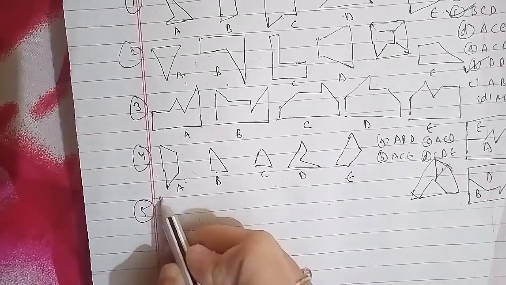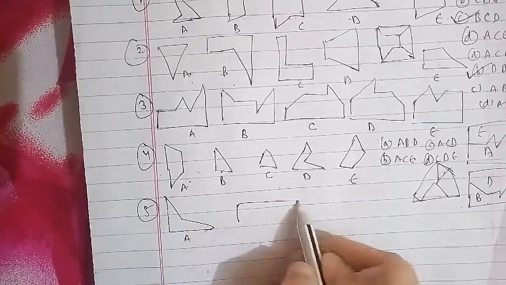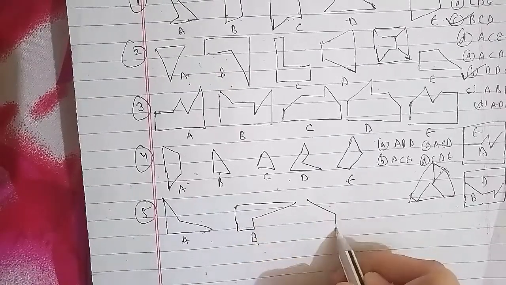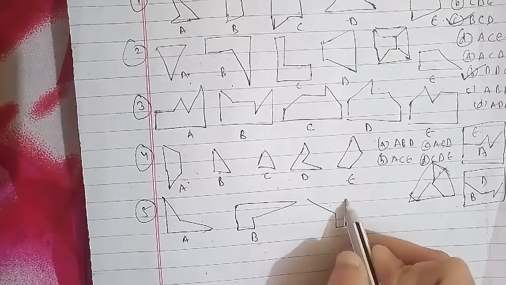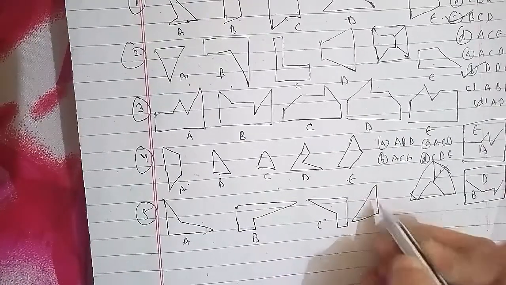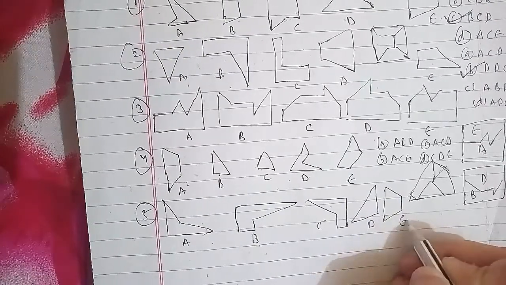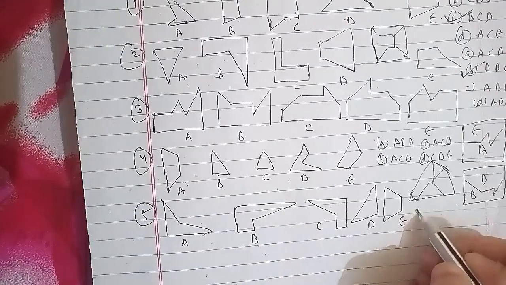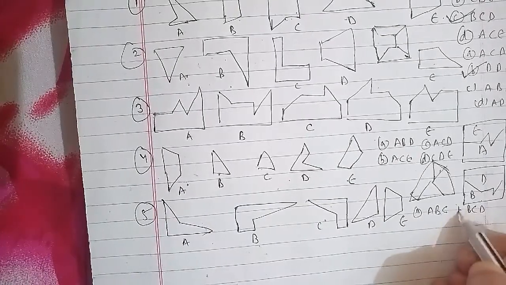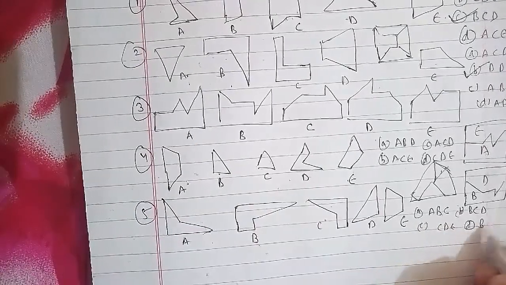This is figure A. This is B, C, D, E. The options we have are A, B, C; B, C, D; C, D, E; and B, C, E. And in the same cases, we have the options as well.